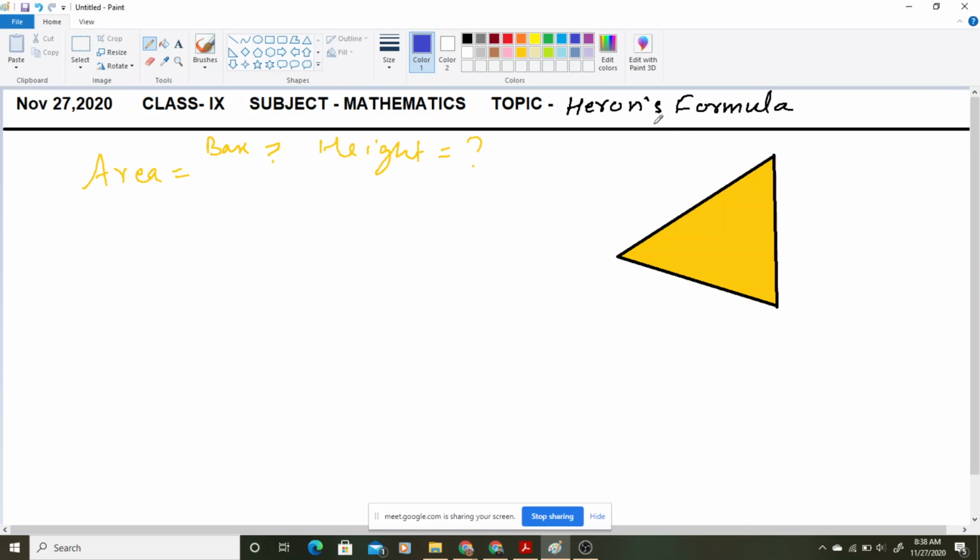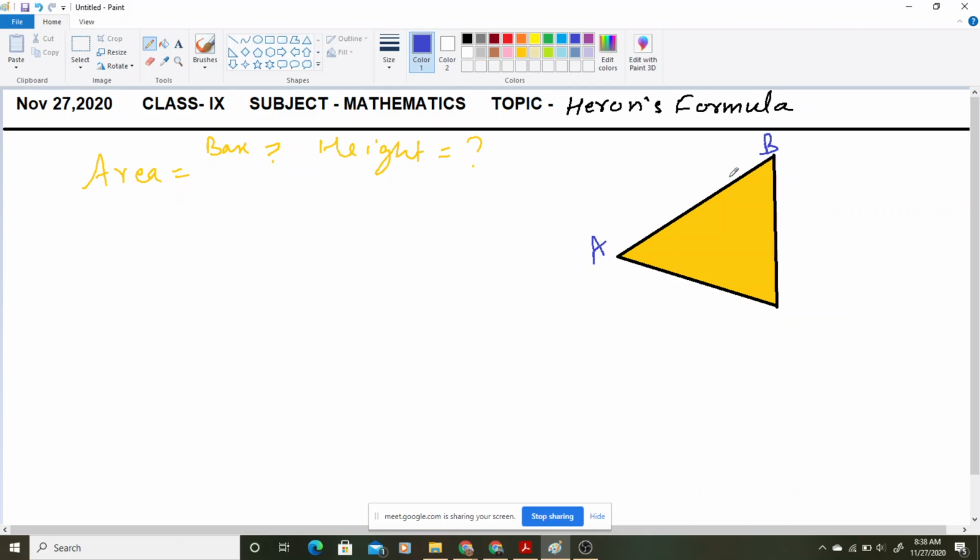How we use it? See, we will measure each side of the triangle. देखो ये तो बहुत सिंपल है ना. Suppose you are given with any triangular shape. अगर तुम लोगों को कोई भी एक triangular shape दिया जाए, you can measure by using the measuring tape, by using a ruler. You can measure its side. Suppose I am measuring one of its sides. मैं इस side का नाम रख रहा हूँ AB.